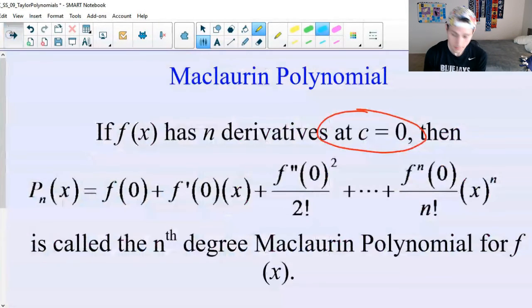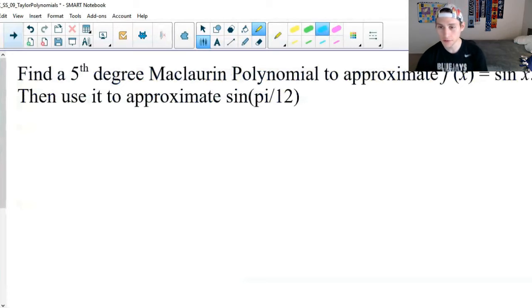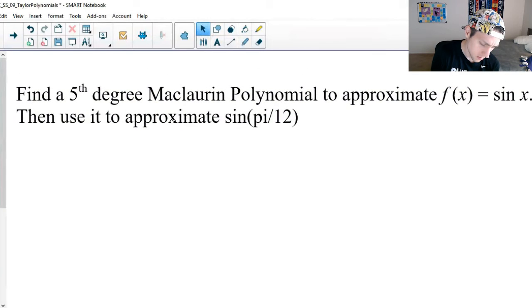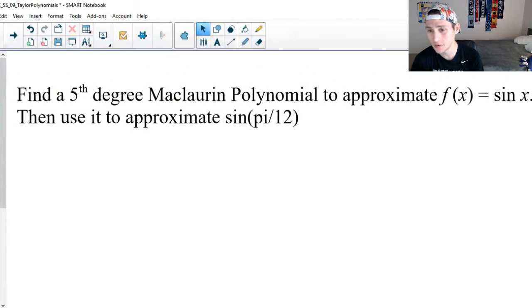Okay. So let's find a fifth degree Maclaurin polynomial to approximate f of x equals sine of x, then use it to approximate sine of pi over 12. Okay, great.